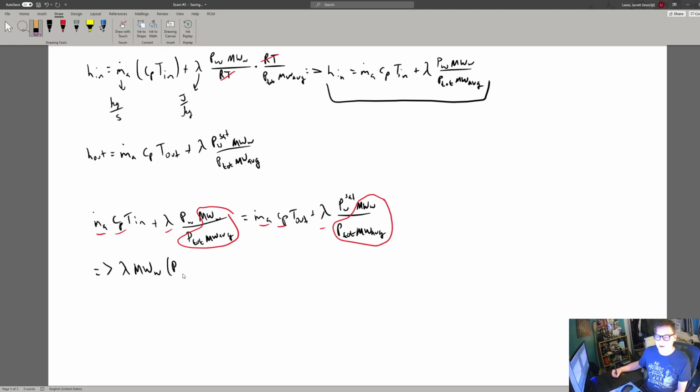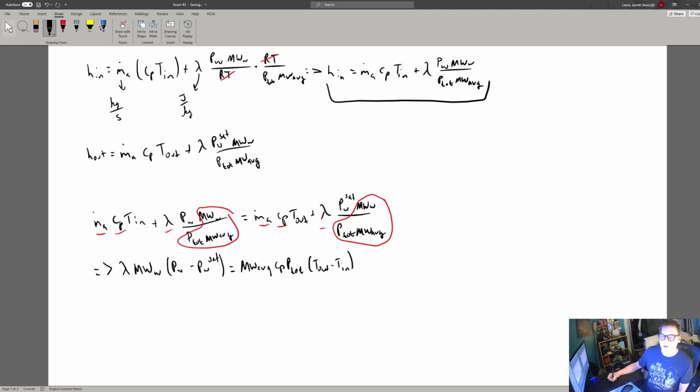It'd be the pressure minus the saturation pressure is equal to the average molecular weight times the heat capacity times the total pressure times the difference between the temperature out and the temperature in.